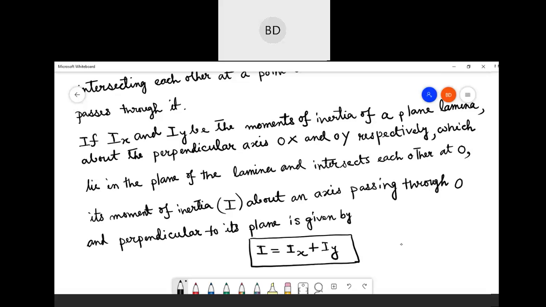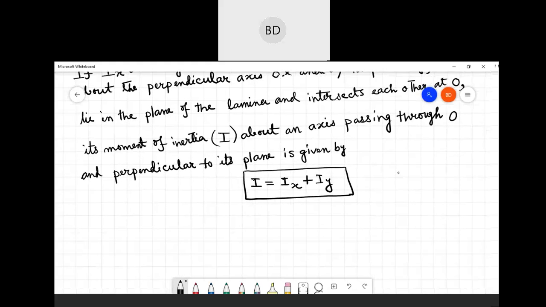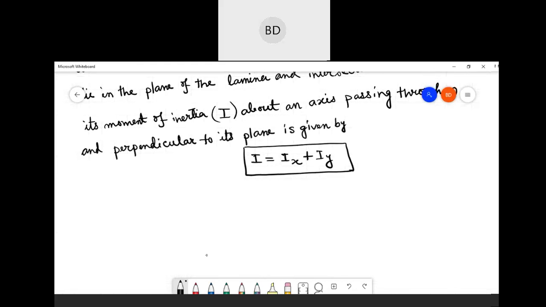So what is this statement actually? Let me make it more clear. Suppose there is a lamina like this. A lamina is a flat plate. Suppose you have to find the moment of inertia about an axis passing through its center or maybe some other point and perpendicular to its plane.